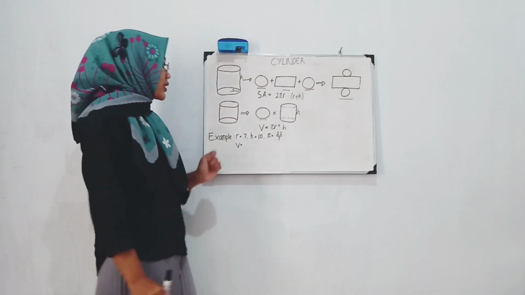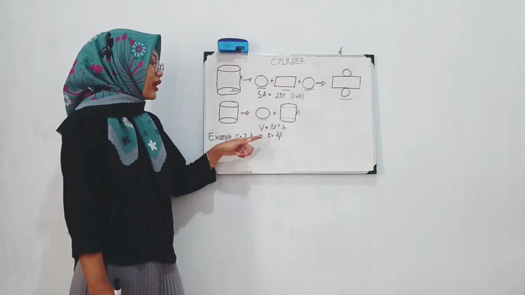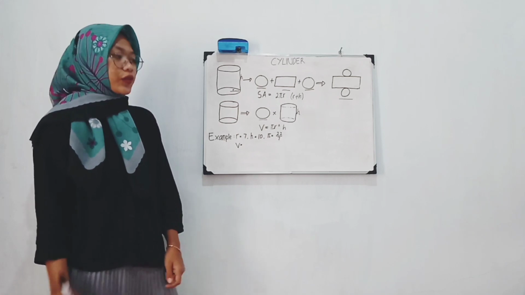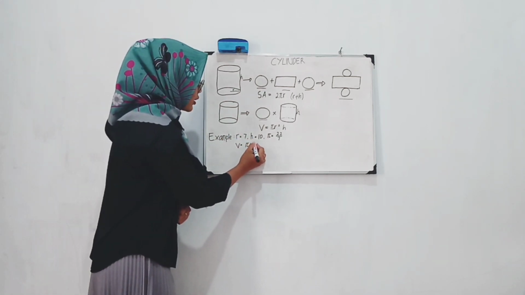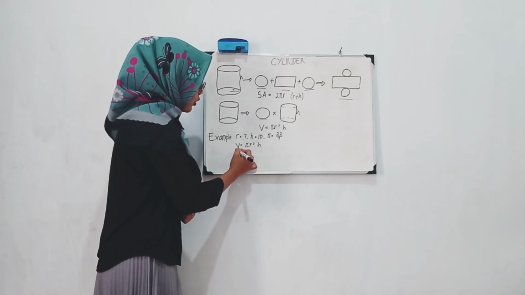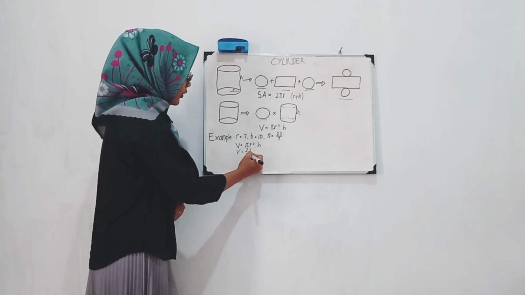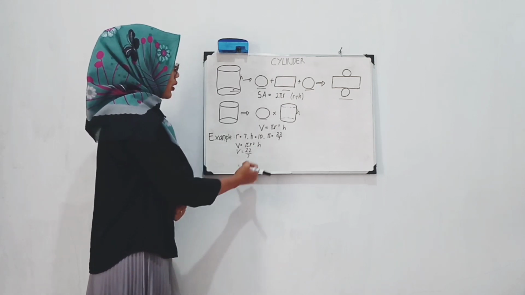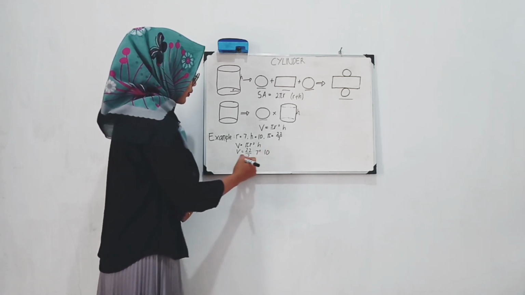Example, the cylinder has radius equals 7, height equals 10, and π equals 22/7. Volume equals πr square times height. Volume equals 22/7 times 7 square times 10.